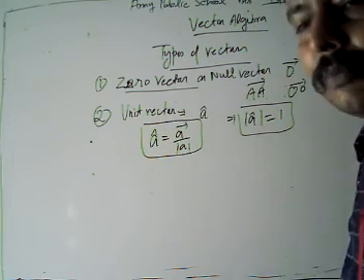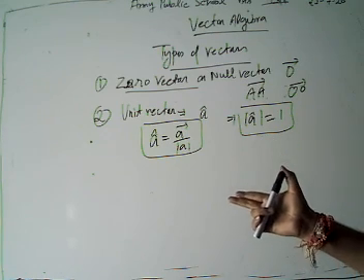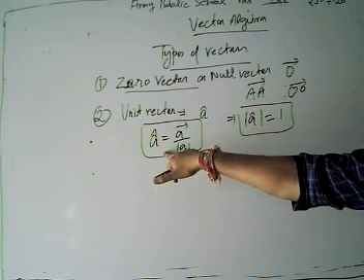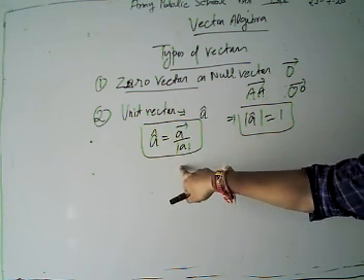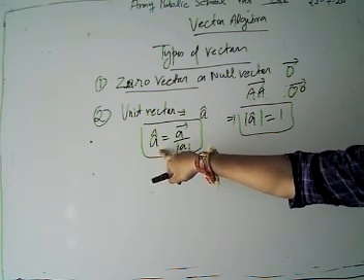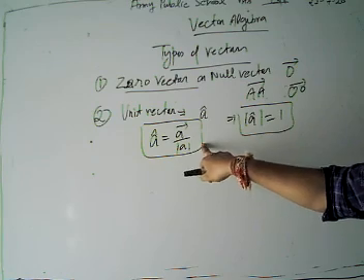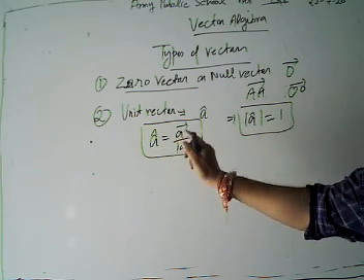This is regarded as the unit vector. We can also say it is the unit vector in the direction of a given vector. When we have to find the unit vector in the direction of a given vector A, it is written as A cap, equal to vector A divided by its magnitude.